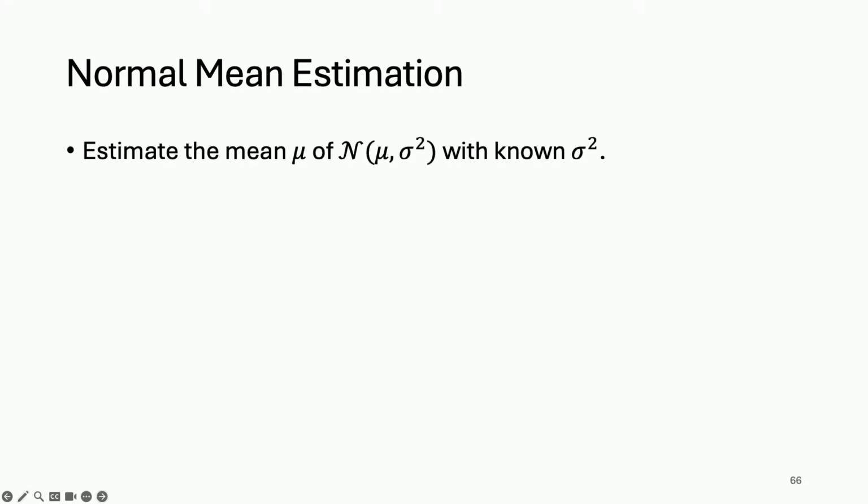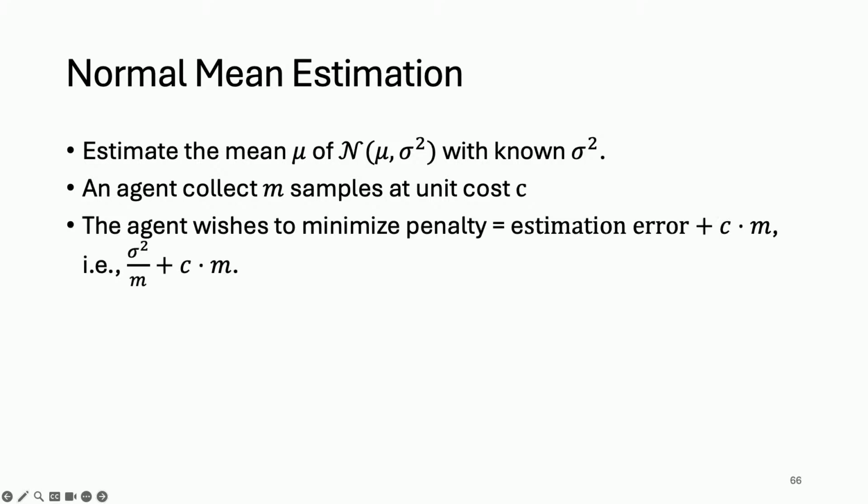In normal mean estimation, we want to estimate the mean of a Gaussian distribution with known variance. Suppose we only have one agent. The agent collects m samples at a unit cost c, and the agent wishes to minimize its penalty, which is estimation error plus the cost of data sharing. So penalty is just negative utility.